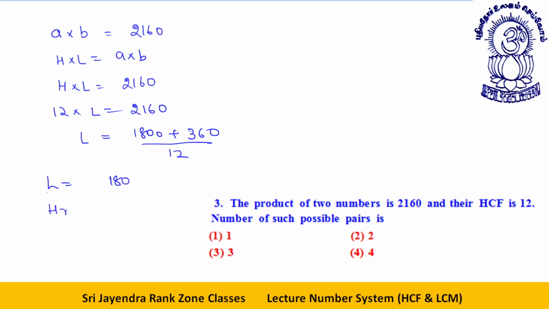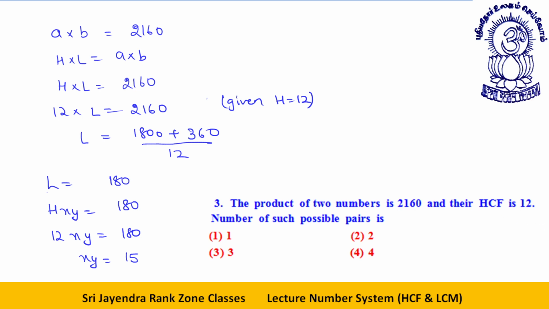Now L is equal to what? L is equal to HXY. What is the value of H given? Given H is 12. From here what do I get? XY is equal to 15.